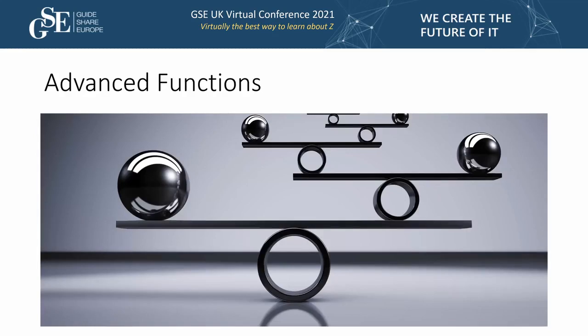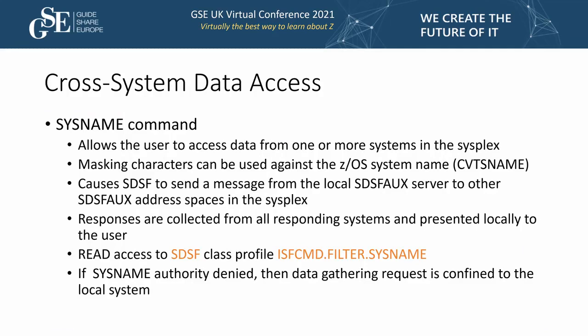Some more advanced functions within the product. Cross-system data access. If you are using SDSF in a sysplex on multiple systems, and you have authority to the sysname command, that allows you to see and gather data from more than one system in the sysplex. And it'll obey the masking characters that are specified on your current sysname settings, using the asterisk and percent signs.